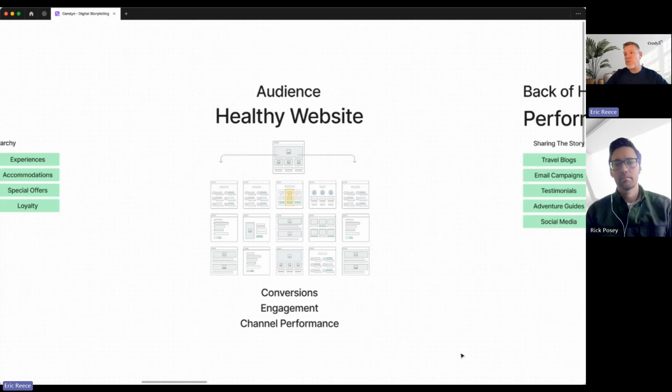And then we're also starting to see how the channel performances are working from the different feeds, right? Social media, as an example, right, Rick? So what would be another good example of channel performance that you would start looking at?